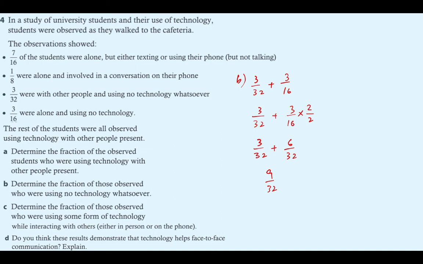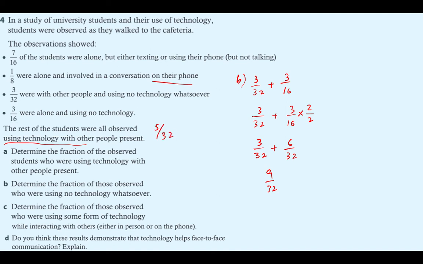So that means we need to find those who were using technology. So these people are using their phone, 1 out of 8, and also the rest of the people who were using phone. So answer to part A, we already calculated, that was 5 over 32, and this is 1 over 8.